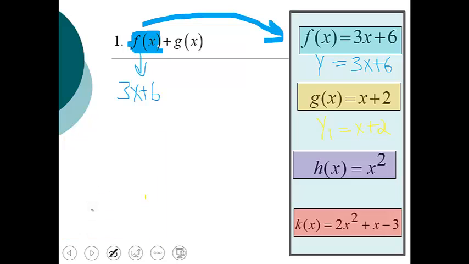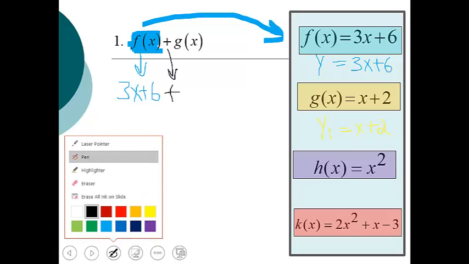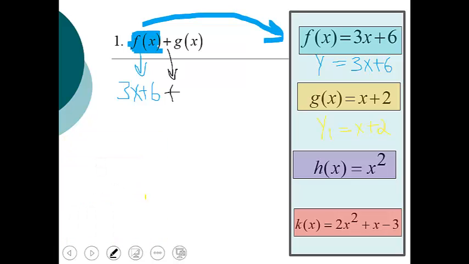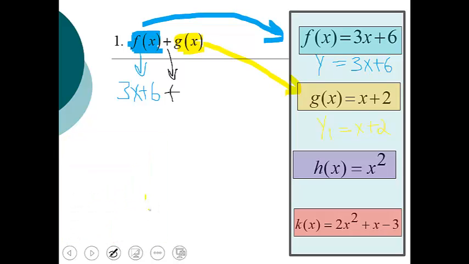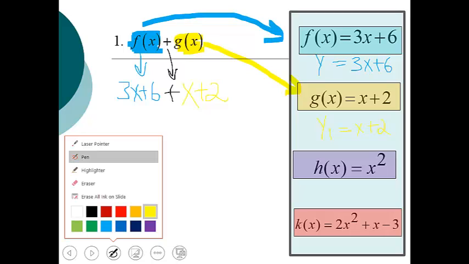I'm going to keep the plus sign in the same color, so the plus sign stays the same. And then the next thing we have is your g of x. My g of x in this case is this guy right here, equivalent to x plus 2. So I'm going to take my g of x and replace it with x plus 2. Now here, this is an Algebra 1 problem.